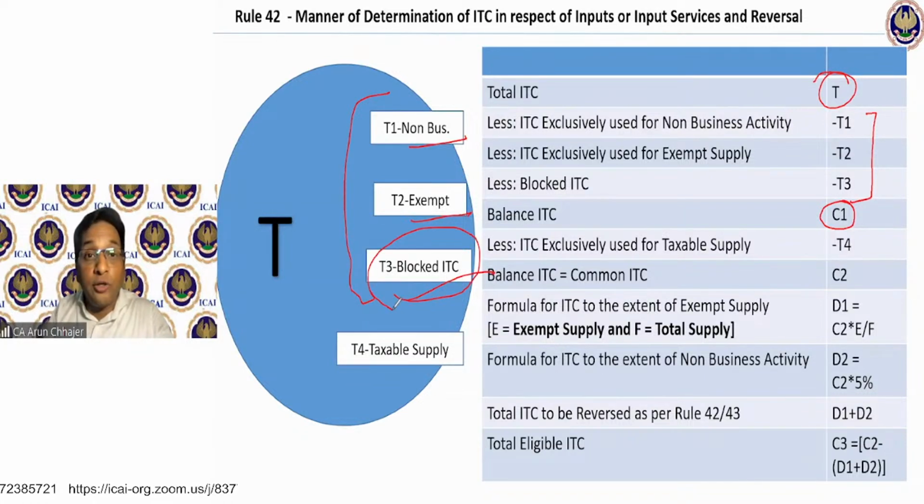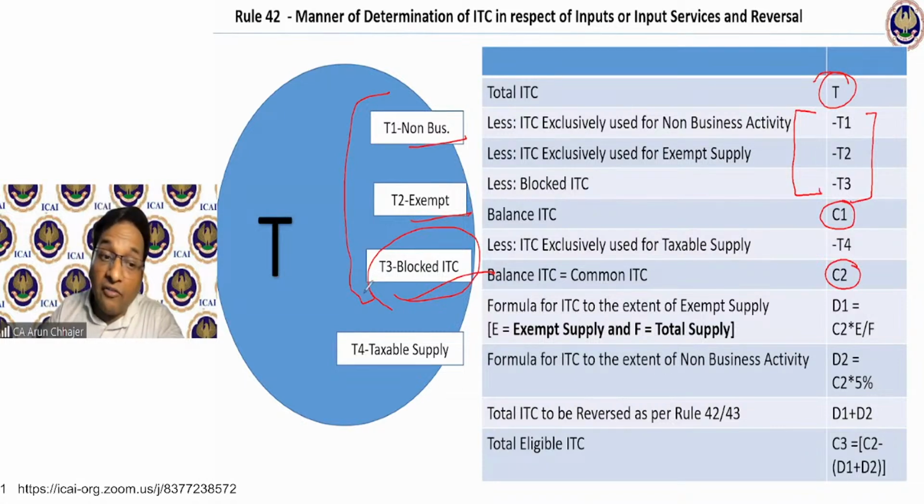Remove that. Why remove? Because we are calculating the common ITC, C2. First, remove that one-to-one ITC, which is actually not eligible.